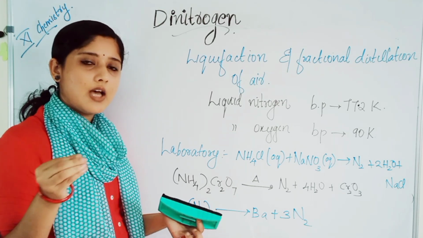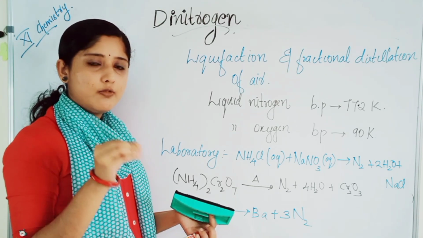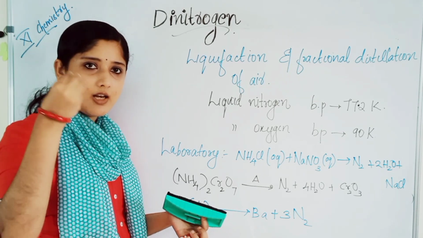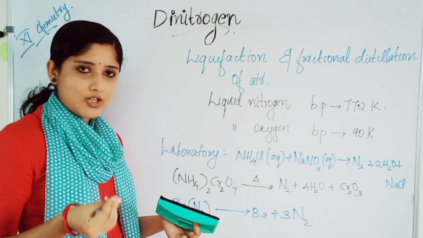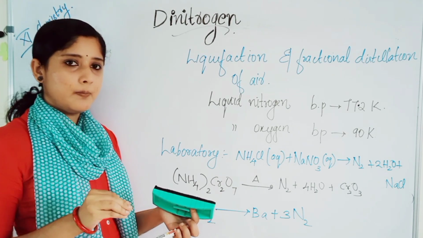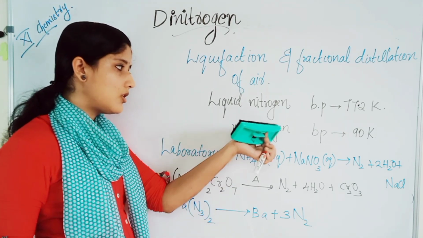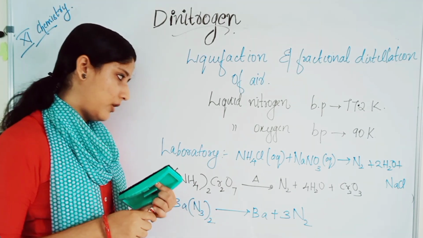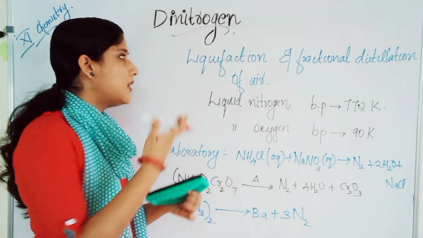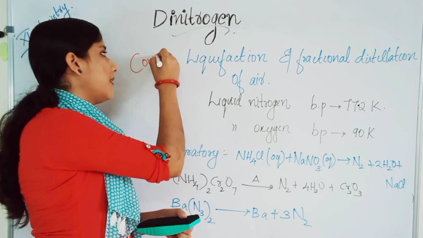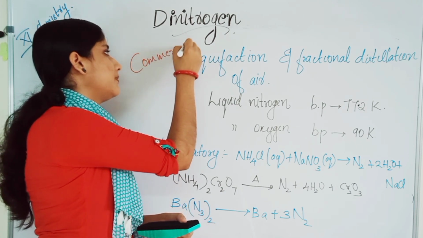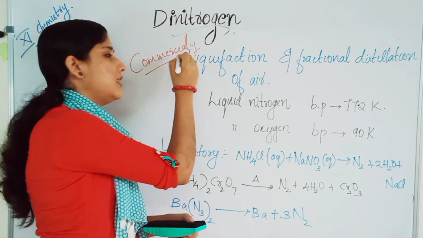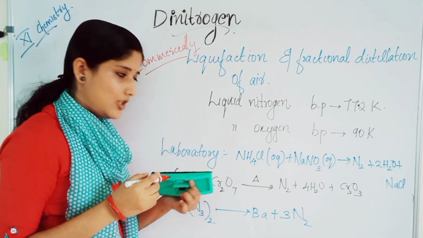The one with the lower boiling point will boil first and distill out through the fractional distillation column, and the distilled product is the dinitrogen we use. This is the commercial preparation, in large quantities.